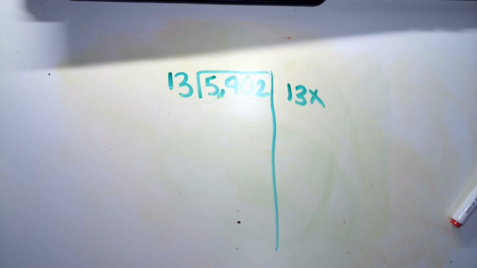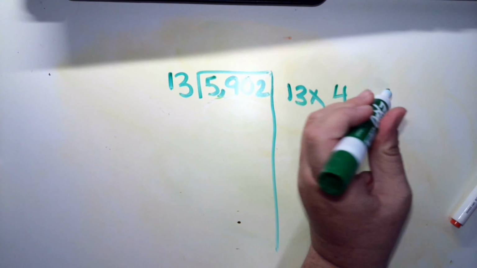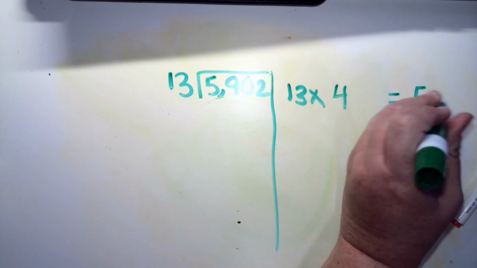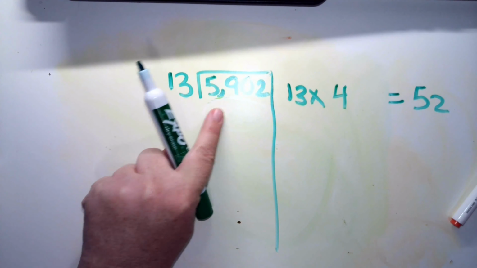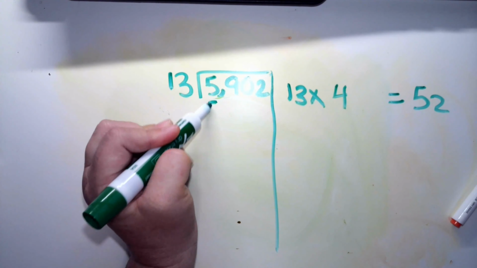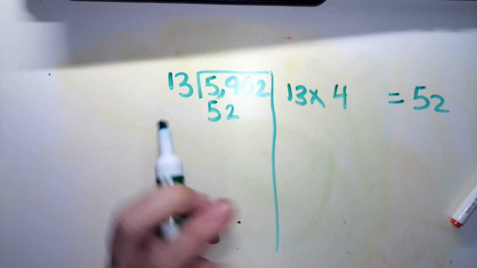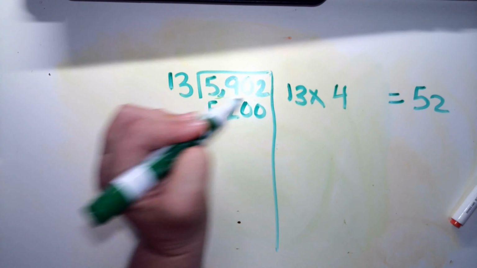Well, I know that if I multiply 13 by 4, that's going to give me 52, which is nowhere near this. However, bear with me, look. I could put my 52 here, and I have 2 spots left, and I'm just going to add 2 zeros.